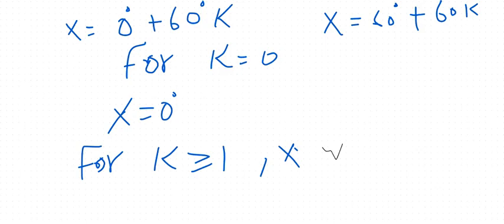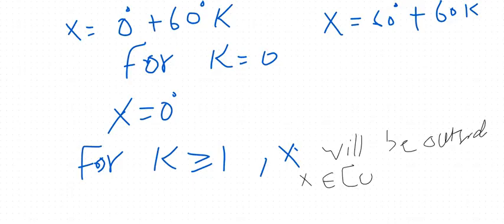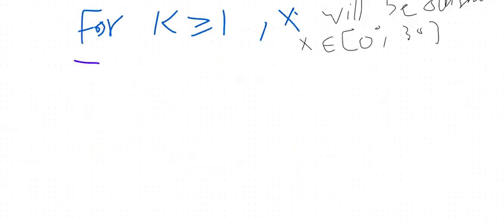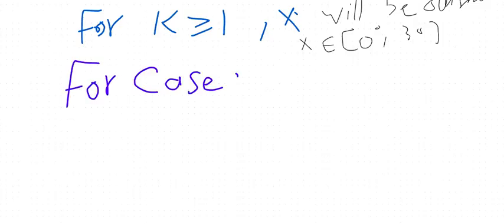The given interval is that x belongs to 0 degree to 30 degree. This is the given interval we have. So for case 2, what is case 2 we have?